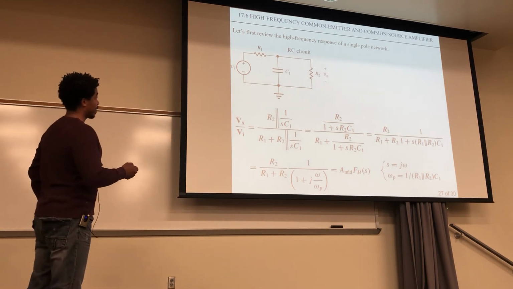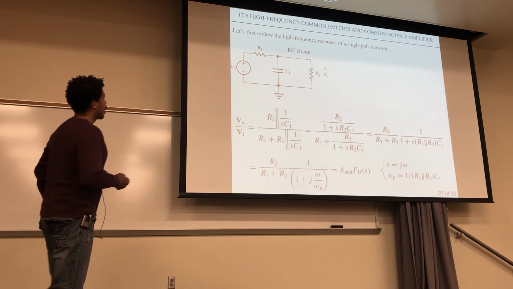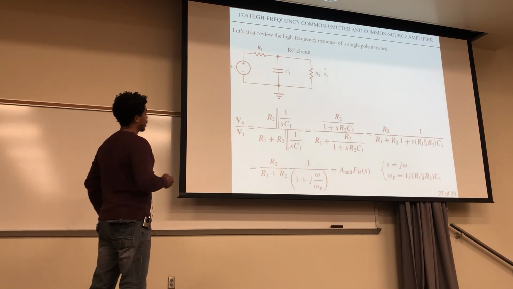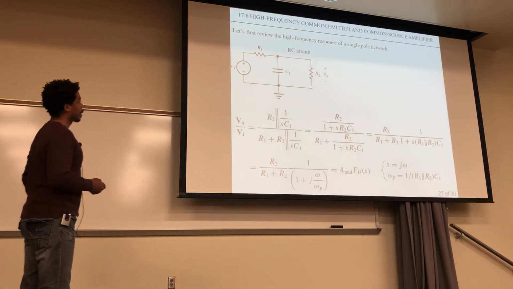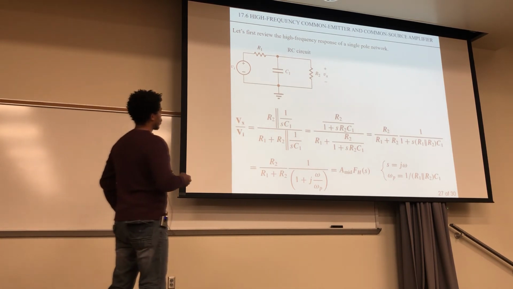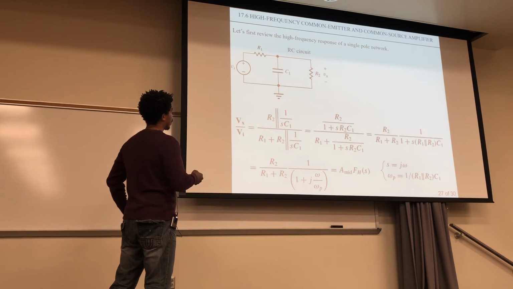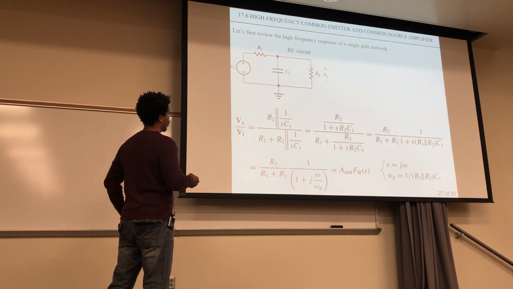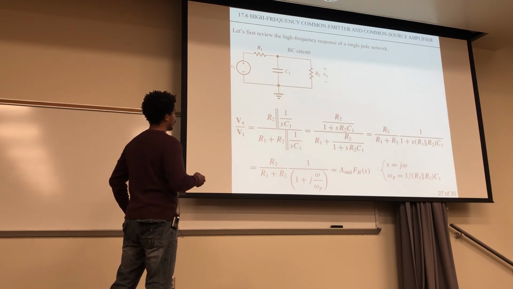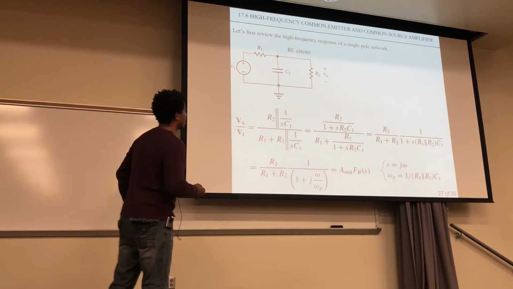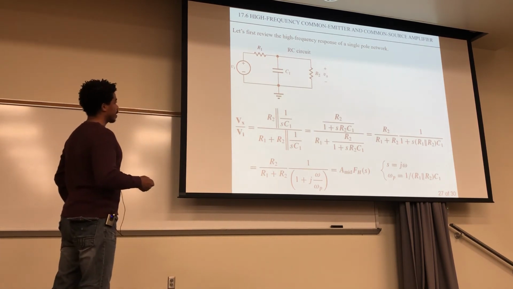It's R2 in parallel with 1 over sC1, and over here we have R1 plus R2 in parallel with 1 over sC1. We can rewrite this like this, and what we want to do is pull out a factor that's not a function of s, and then group everything else together that is a function of s.